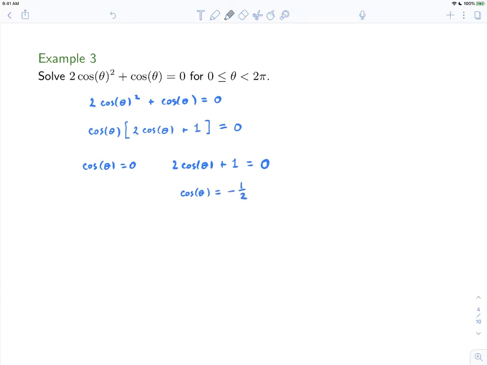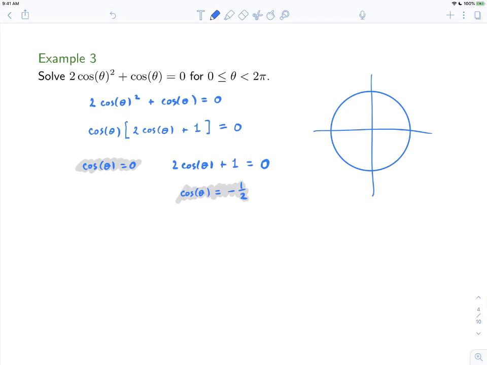So what we have here are two equations that we need to solve for theta. Either cosine of theta is equal to 0, or cosine of theta is equal to negative 1/2. And again, in order to solve these, we turn to our good friend, the unit circle. So here's the circle, and let's draw the x-axis and y-axis.